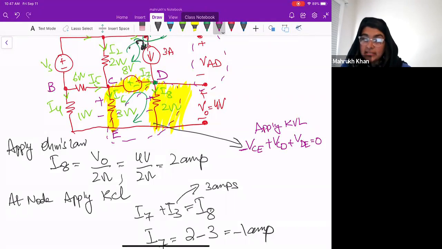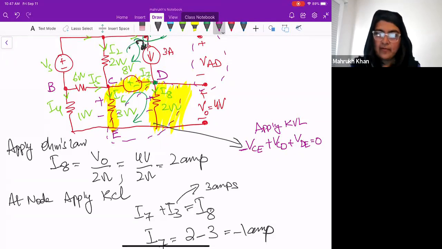What I did actually, another thing that's important to know, in my mind I decided that I will take VCE. If I am taking it as VEC, I can take it like that. But for that, VCE is equal to minus VEC, right? So I have to define my signs like this.